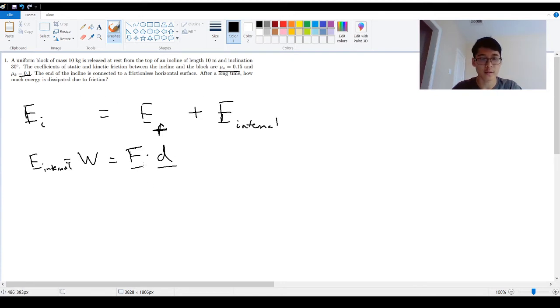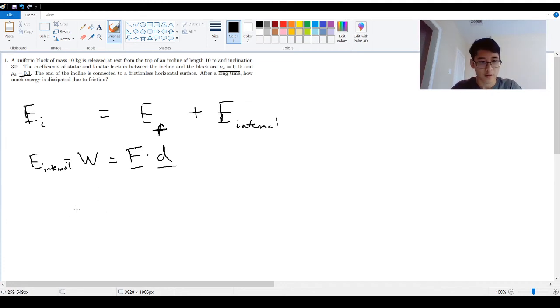So the only job left is to figure out the force due to friction. First we have to decide whether to use kinetic or static friction. It turns out that static friction does not give any internal energy. Static friction doesn't do any work because the distance does not change. So we already know that it's kinetic friction.